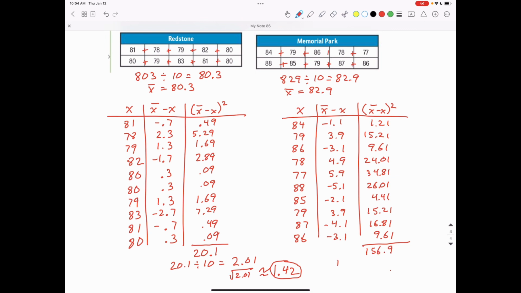We'll take that 156.9, divide it by the number of data points, which is 10, and that is 15.69. That is the variance. Then we take the square root of that number, and that will finally give us our standard deviation. So the square root of 15.69 is approximately 3.96. That's the standard deviation of that set of numbers.